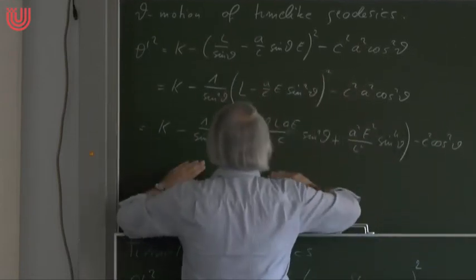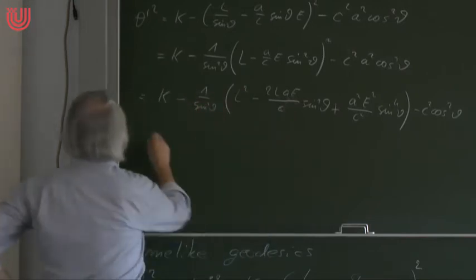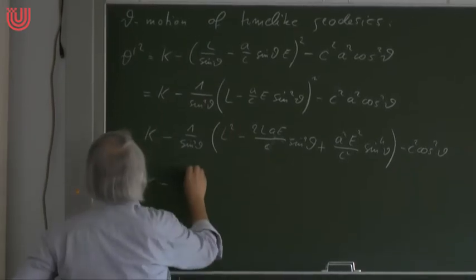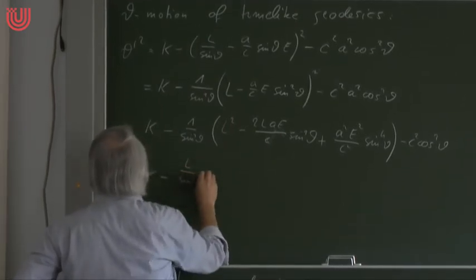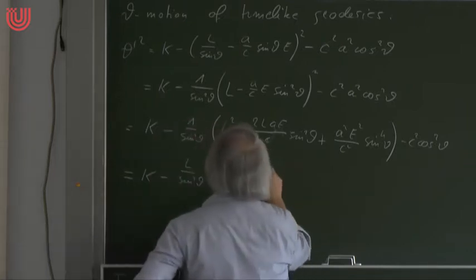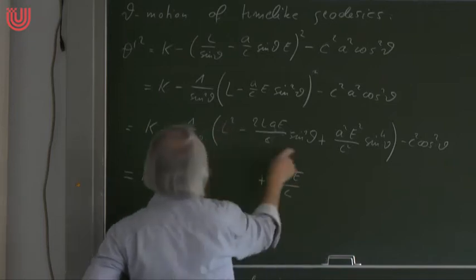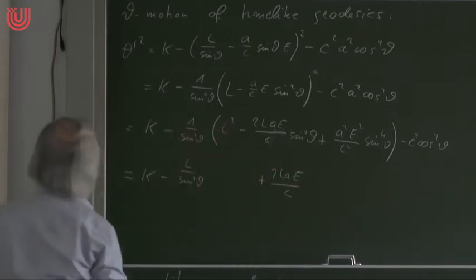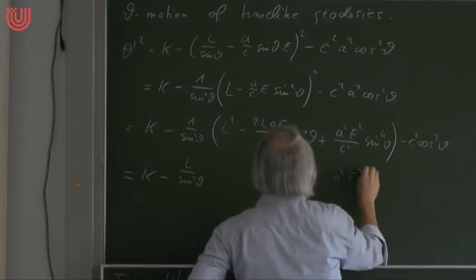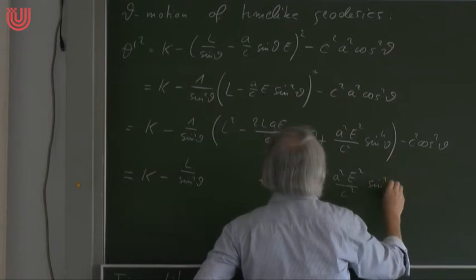So you see a few terms drop out. So this is L squared over sine squared theta. I leave a gap here. Then I have plus 2L A E over C. The two sine theta terms cancel. And I have minus A squared E squared over C squared sine squared theta.